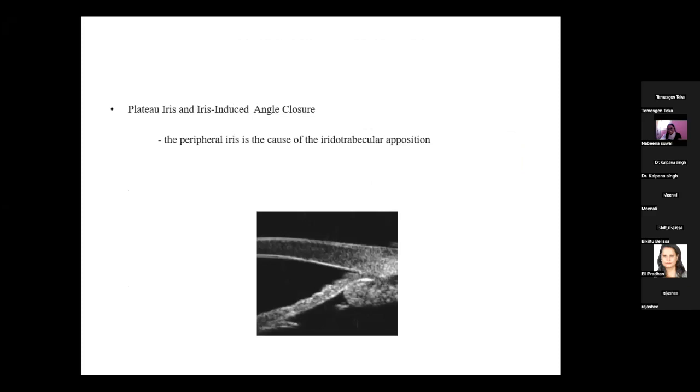A plateau iris: it is seen that about one third of the patients with primary angle closure have plateau iris configuration. In this picture, we can see large anteriorly positioned ciliary processes that are blocking the angles.